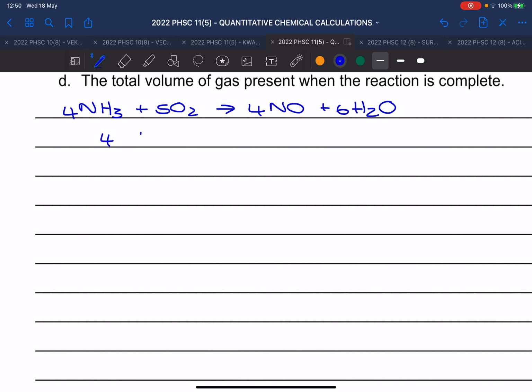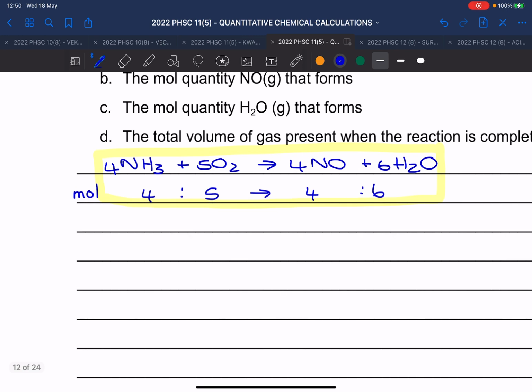So 4 to 5 gives me 4 to 6. That is your mole ratio. You take your highlighter and highlight that a different color to indicate to yourself, I must remember that that is just theoretical, or that is just my recipe.